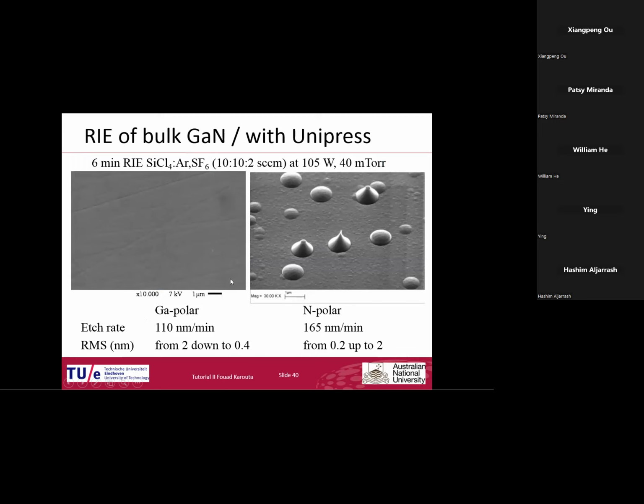We did also some etching of bulk gallium nitride in collaboration with people in Poland. And that is the etching of the gallium polar, and that is the etching of the nitrogen polar in the same chemistry. So the nitrogen polar has higher etching rate, but you get these defects, while in gallium polar, you get very smooth surface.